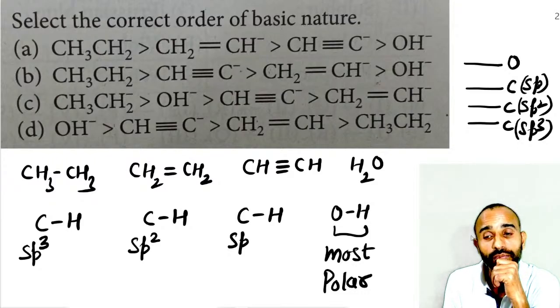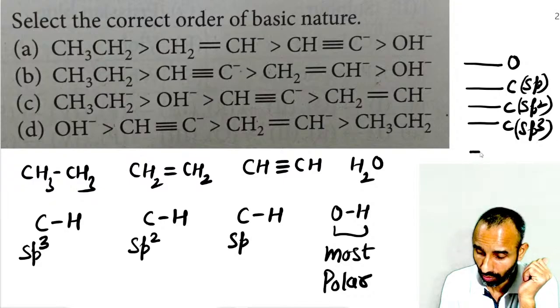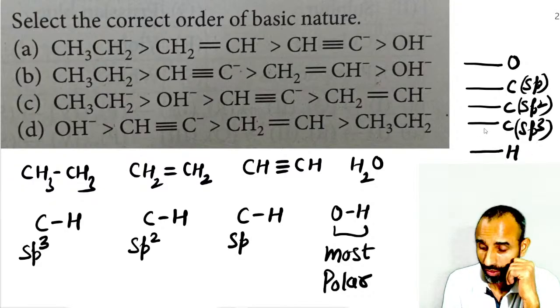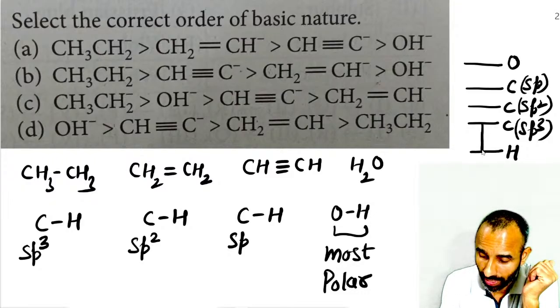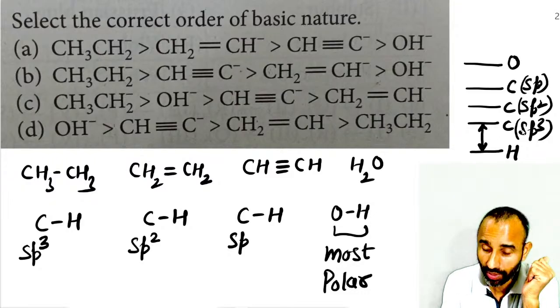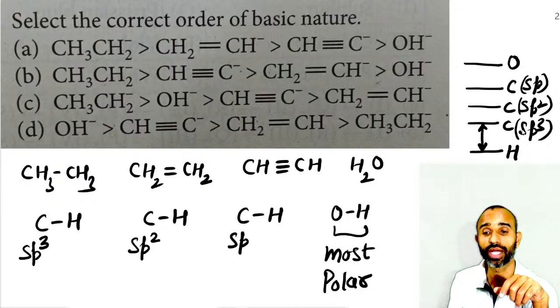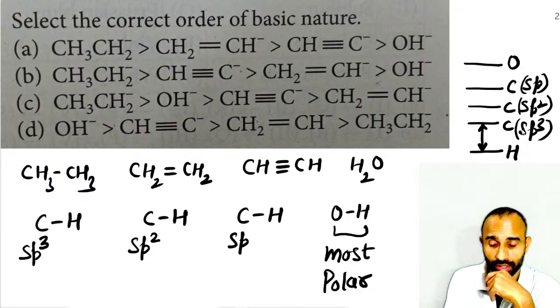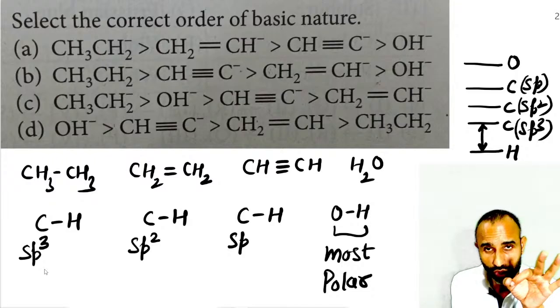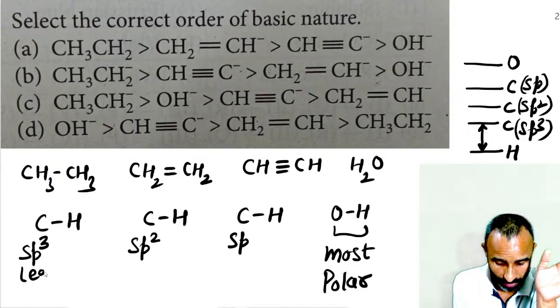And then there is hydrogen. So the least electronegativity difference is between sp3 hybridized carbon and hydrogen, and that's why it is almost non-polar, or least polar, we can say.